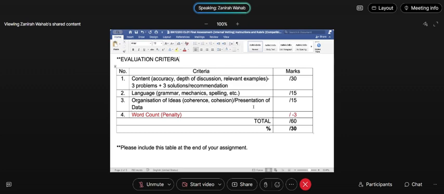It's up to you, as long as your ideas are organized and consistent. Okay, so another 15 marks over there.